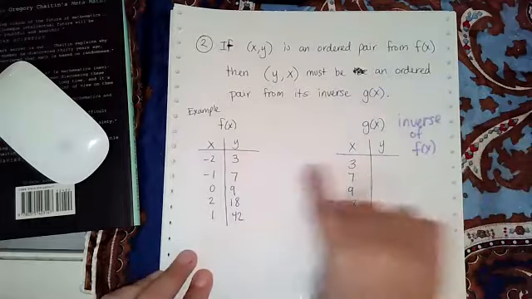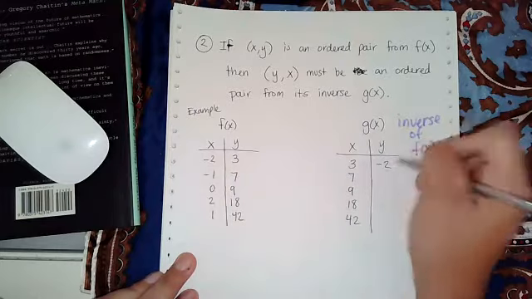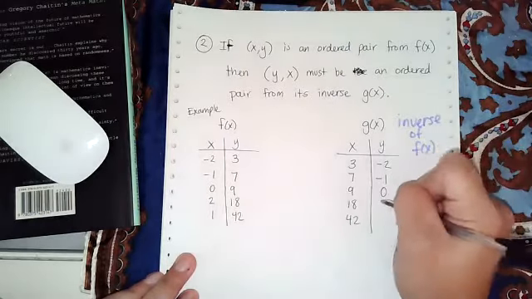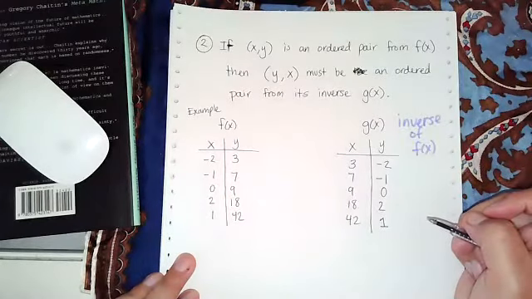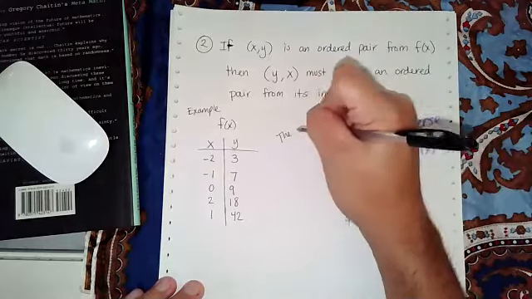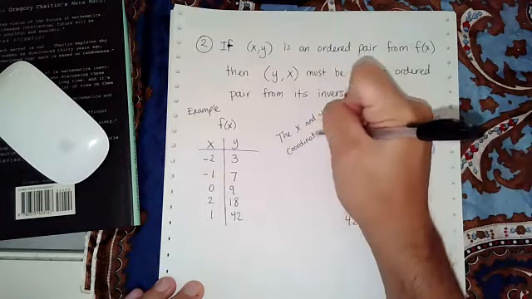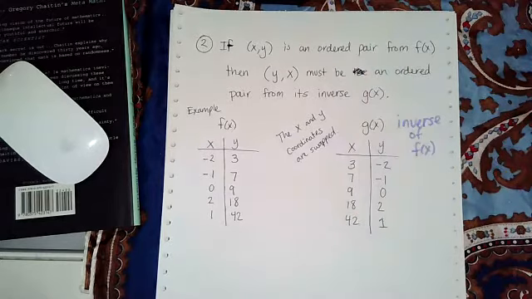So I'm just flipping the order here. So if this is 3 and that's -2, the -2 has to be over here. If this is 7 and -1, that needs to be over here. This will be 0, this will be 1, and this will be 2. So again, the x and y coordinates are swapped. And that's how you can tell by looking at a set of ordered pairs that those two functions are inverses.